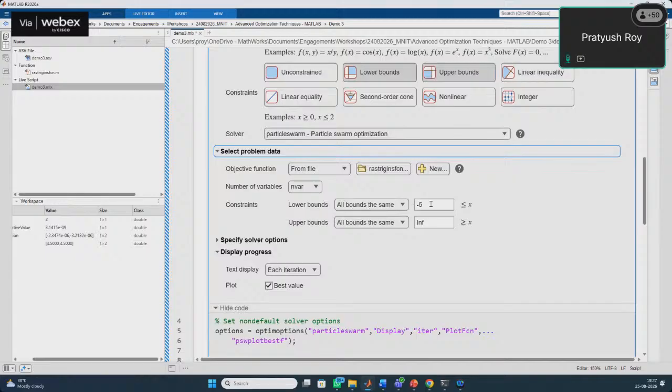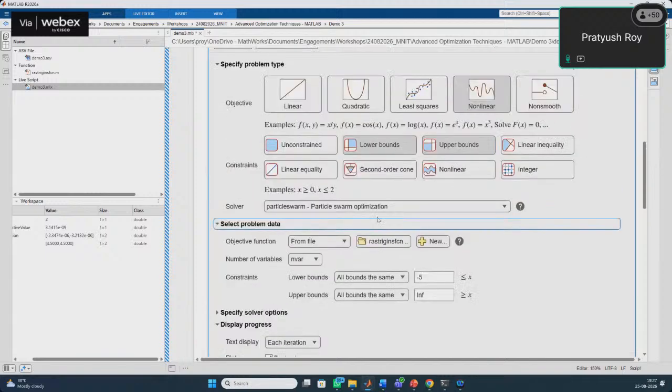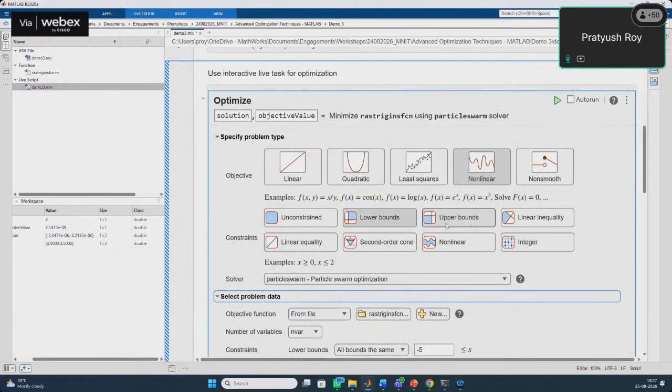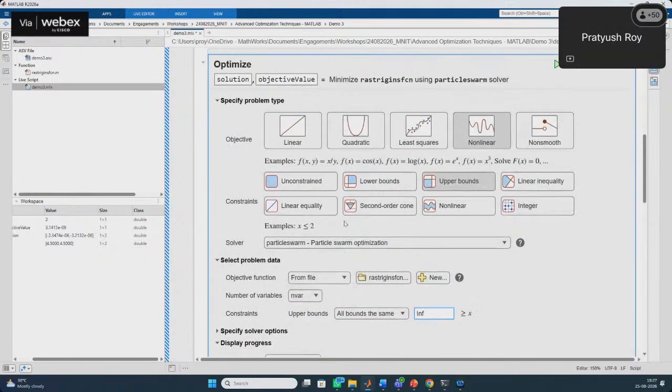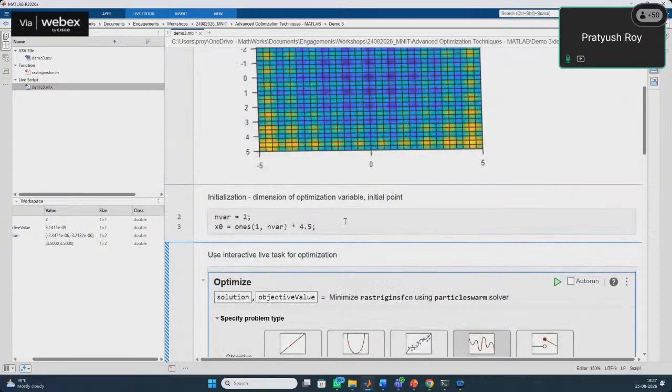Lower bound is minus 5. All bounds under this is infinity. But if you like, let's say, add a lower bound or something, similarly things will be there. So this is how it is. Yeah. Right. Thanks for the question.